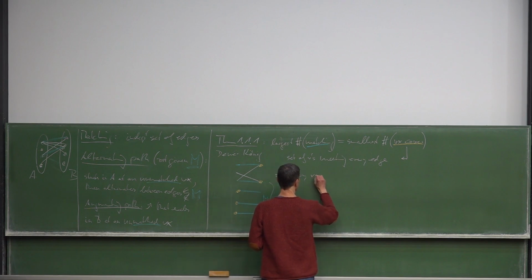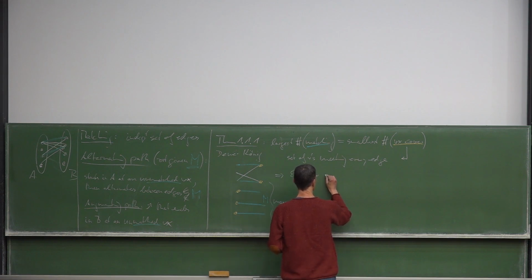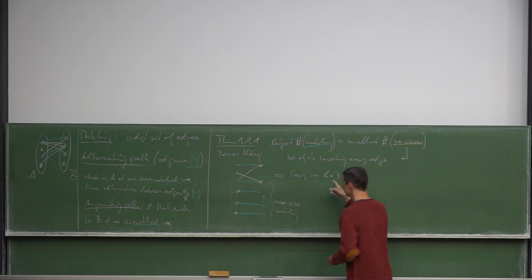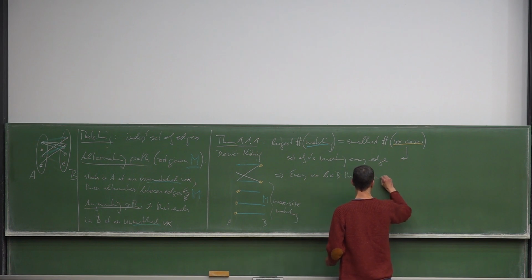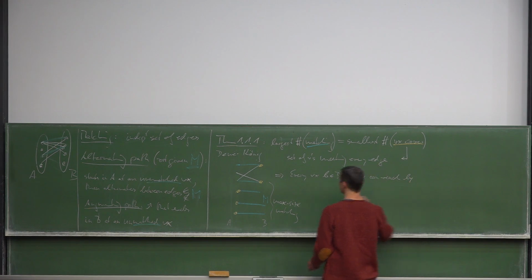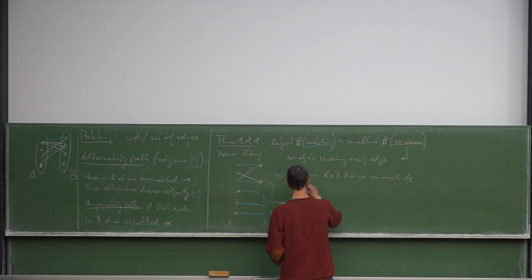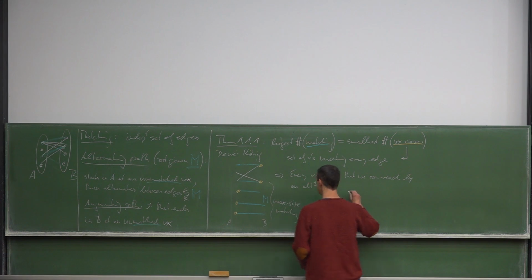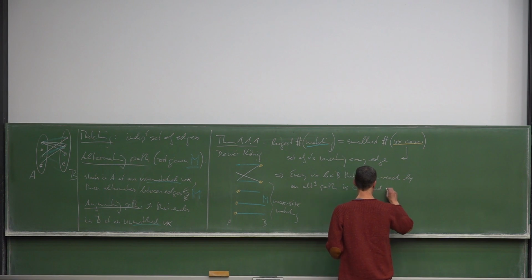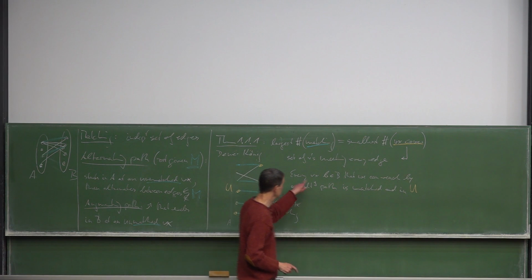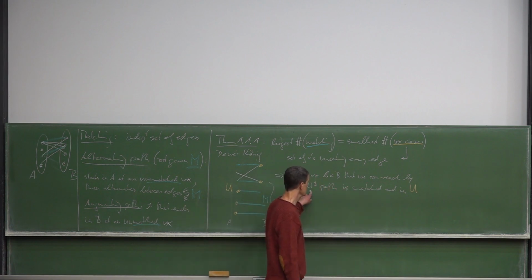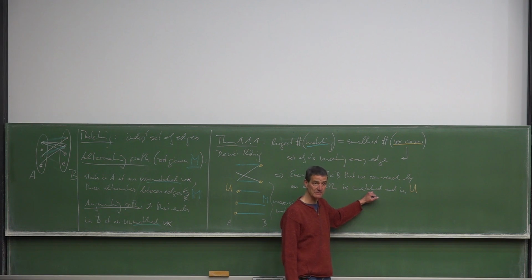Every vertex on the right, I write in B, so this is A and this is B, that we can reach by an alternating path is matched and in U. Every vertex in B that we can reach by an alternating path has to be matched, otherwise the alternating path would be an augmenting path, and that can't exist because M is largest.